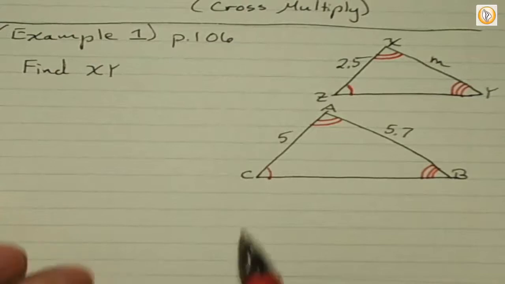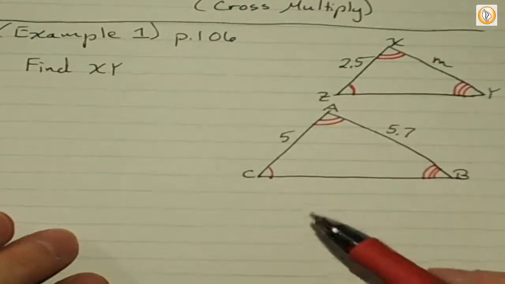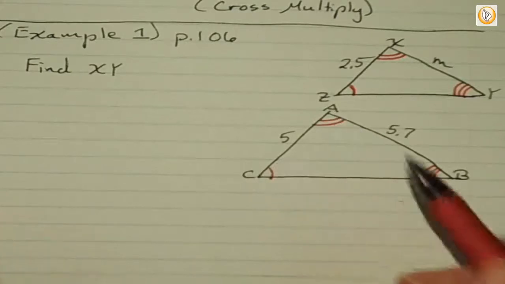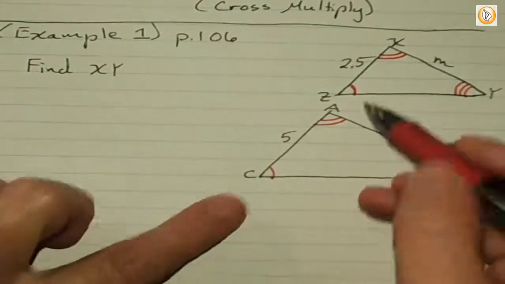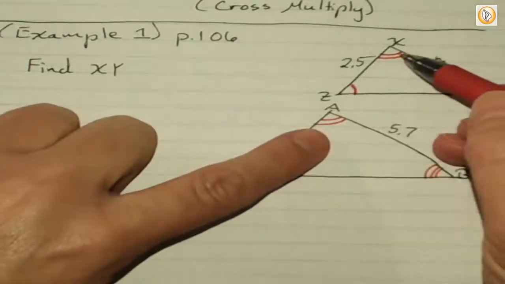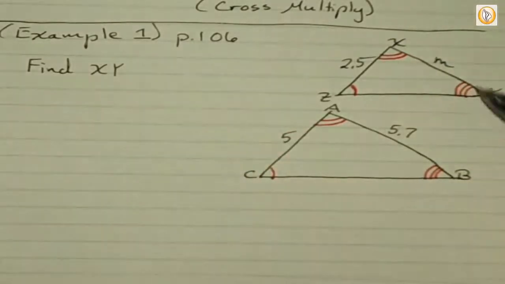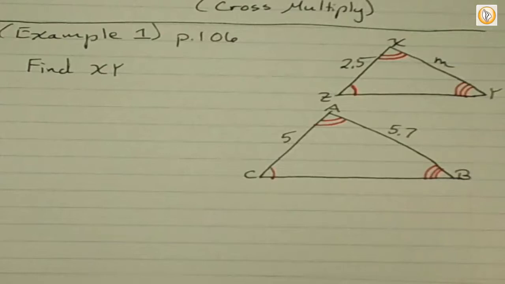We don't know the measurements of these angles, but we know that these two angles are the same, these two angles are the same, and these two angles are the same. I do different lines for each so that we know which is going with each. If you make a practice of doing this, it will help you out.